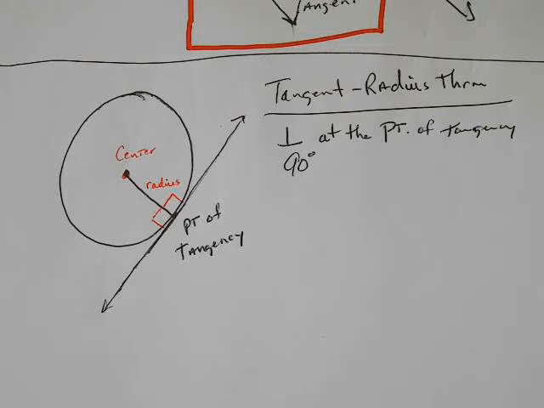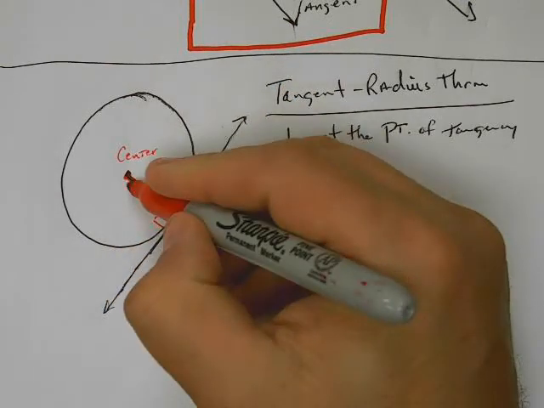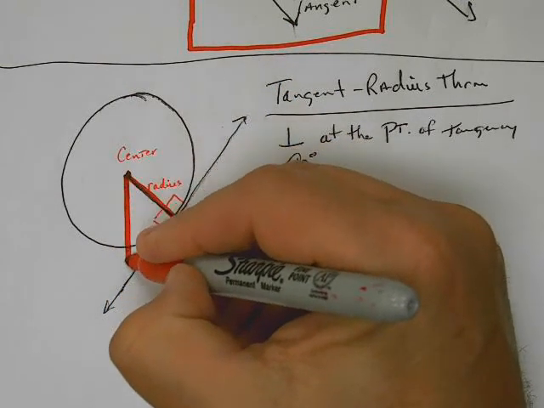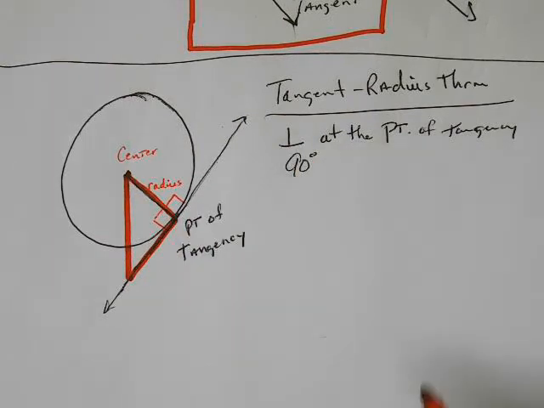So what does that mean? What you're going to see in some problems is if I draw in another line or segment, lo and behold, what do I have? A right triangle.